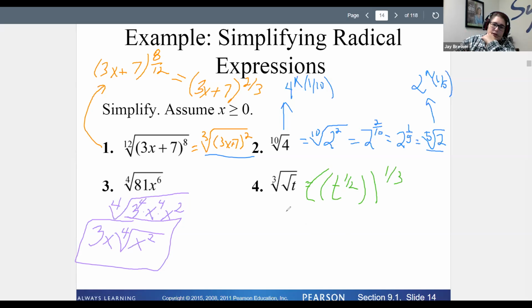So then we're going to take t to the 1/2, and multiply it by the power of 1/3. So you're going to end up with t to the 1/6, which is the 6th root of t.